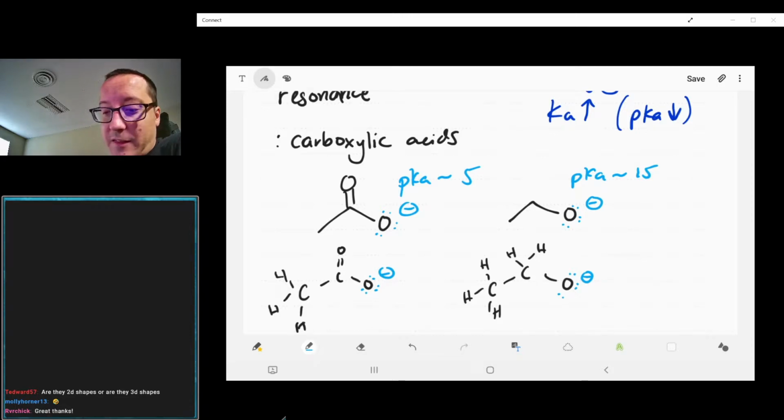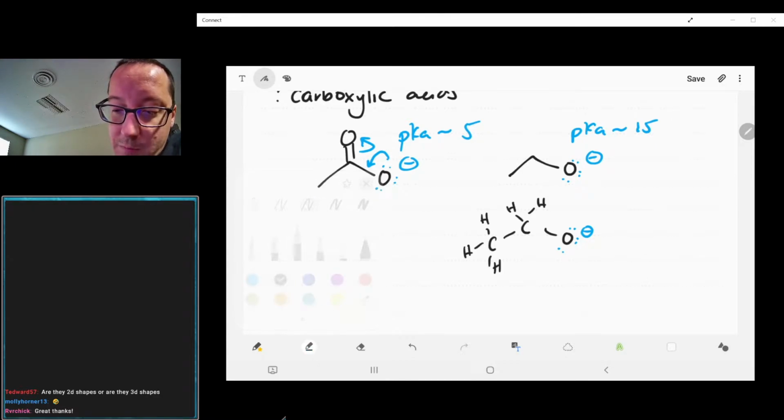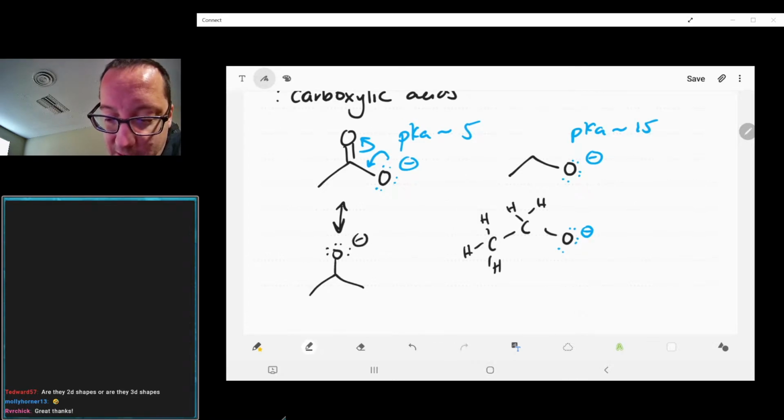But with the acetic acid, or a general carboxylic acid, we're going to see that we can actually resonate. Here, let me erase this one. We don't need to see that. If we resonate this one, we can push our negative now onto the other oxygen.